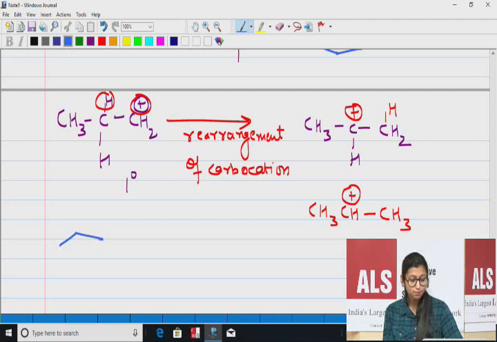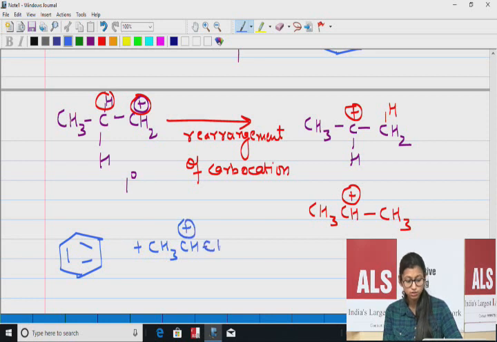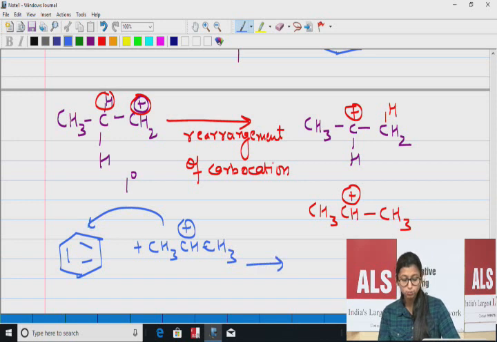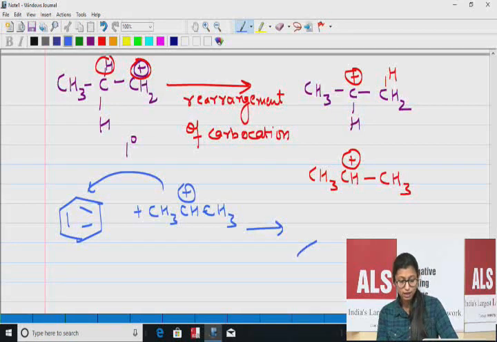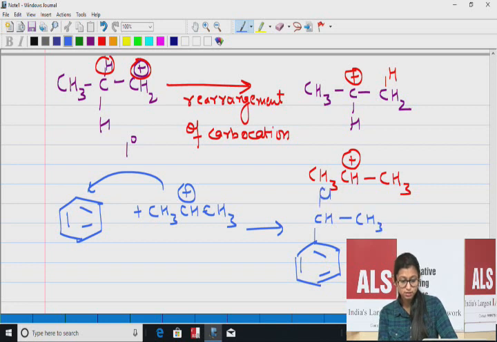So we will have a benzene here, and I can have CH3, CH plus and CH3. Now this particular group will go and attack, and what product am I getting this time? I am getting a CH, with a CH3 and a CH3.